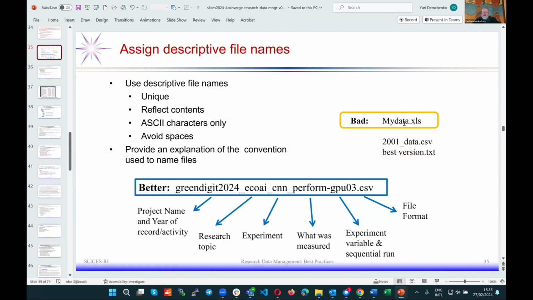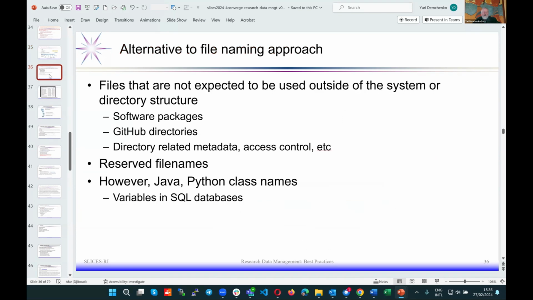You cannot name all files my data or best version. Better if you provide this kind of information. There is an alternative opinion. There are cases where you don't, or you cannot, or there is no need to put additional information in the file name. This is related to software packages, GitHub directories, and also directory-related data, metadata that is typically stored in the files that have the same name, but they are located in different directories.